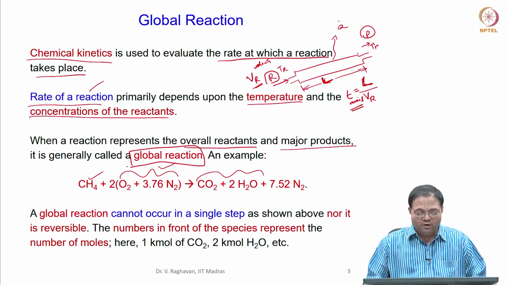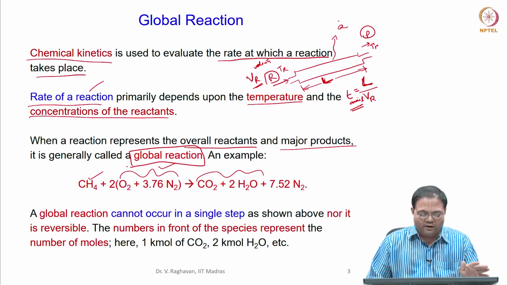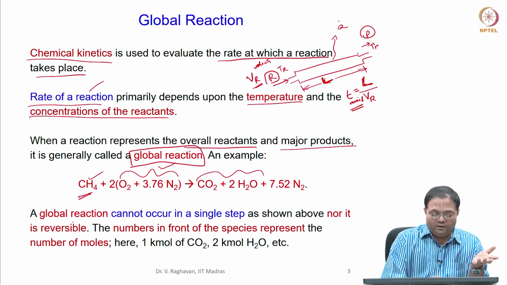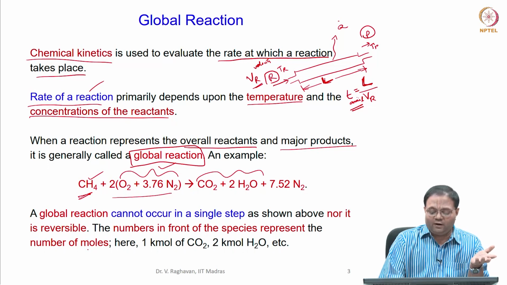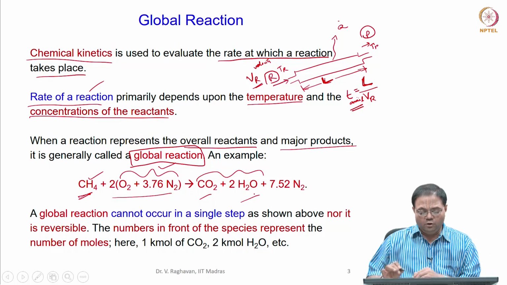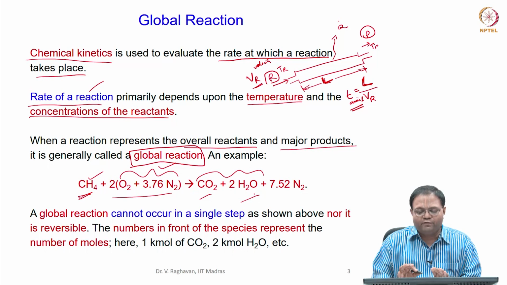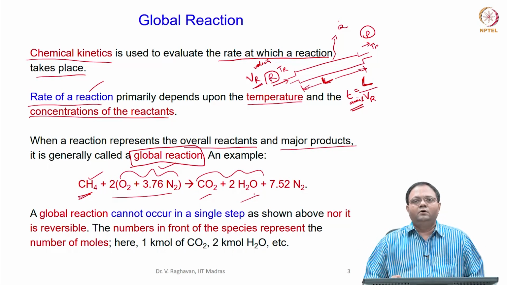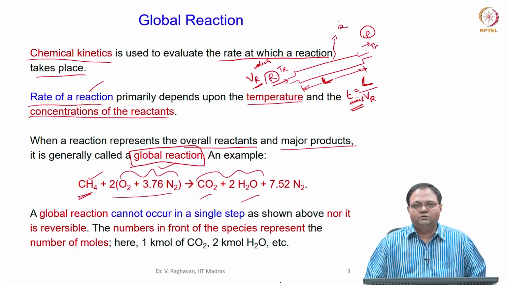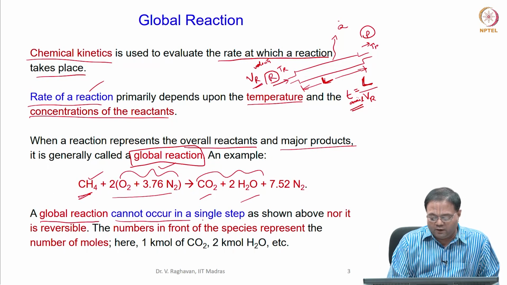I know what the reactants are, and I write this on a mole basis, like 1 kilomole of methane reacts with so many kilomoles of air, forming 1 kilomole of carbon dioxide, 2 kilomoles of water vapor and so on. This global reaction gives you an idea of the overall mechanism representing the global reactants and the major products. However, this global reaction cannot occur in a single step.